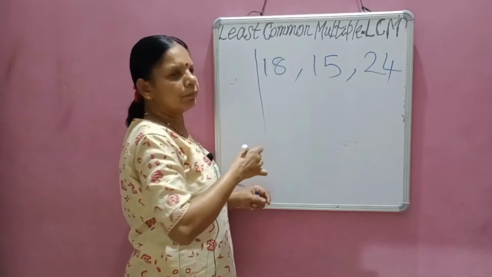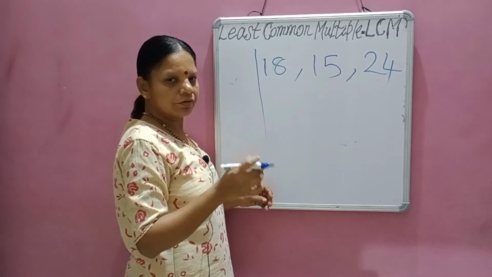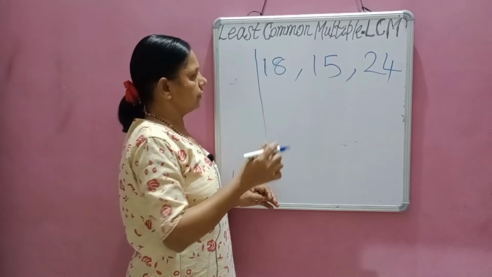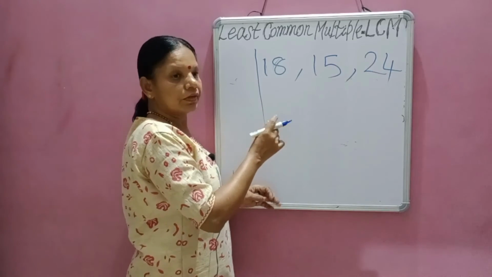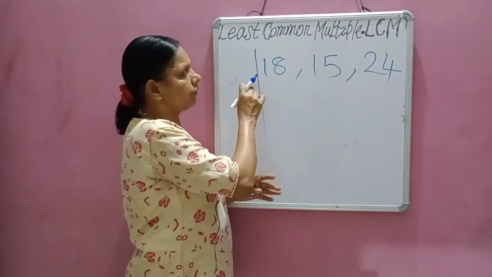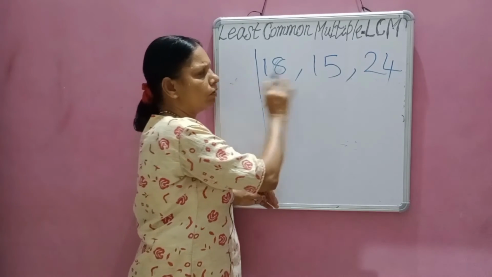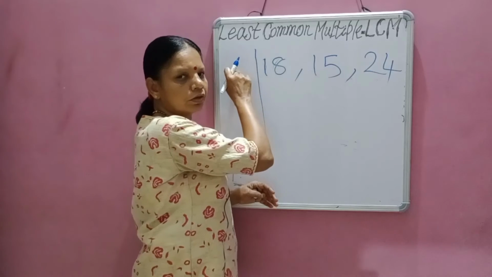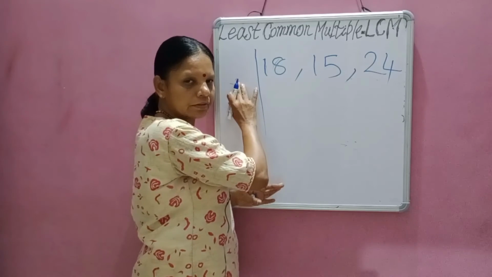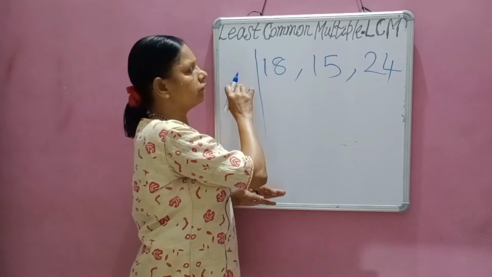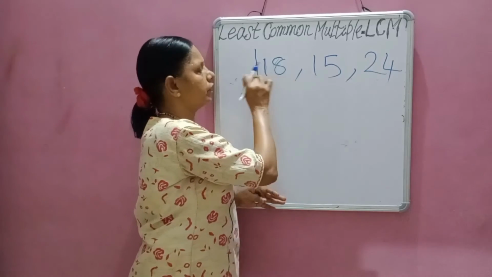Go on dividing by prime numbers, similar to the case of GCD that you have learned. In GCD, what did you do? If a prime number divides all the 3 numbers, then only you write it. But here it is not like that. If the prime number divides any of the numbers, then you can write it here.